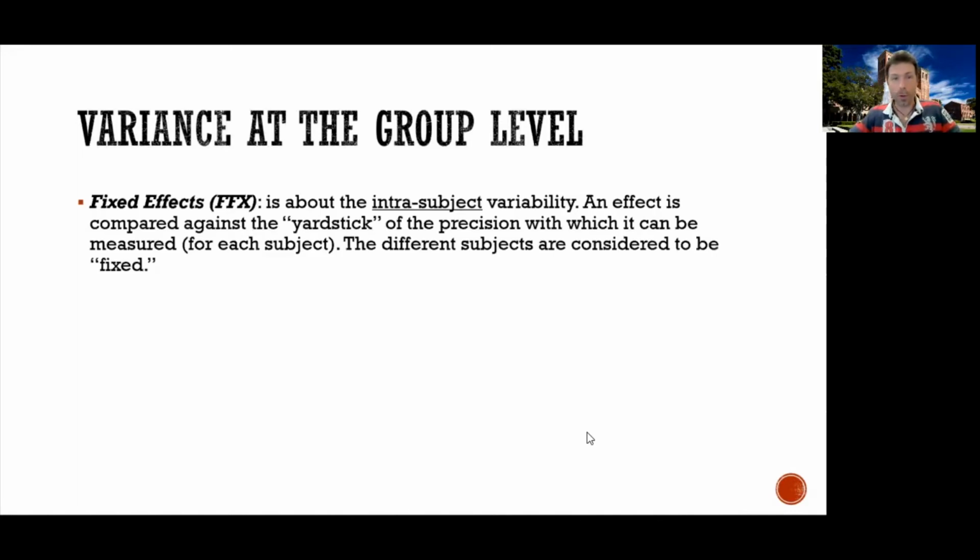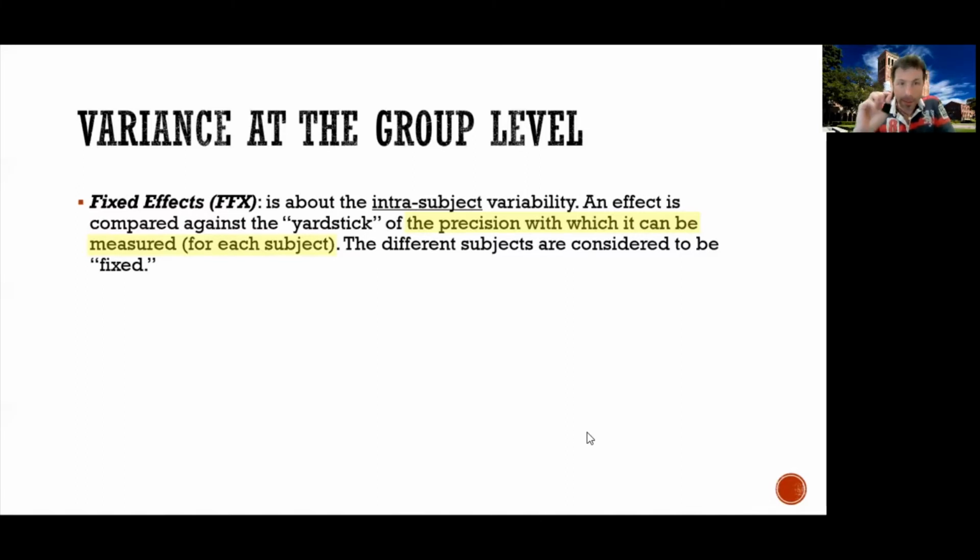Now, you could use what is known as a fixed effects analysis. And this is all about intra-subject variability. The idea is that here you're comparing an effect against the yardstick of how precisely you can measure that effect. Here, and I'll show this in a number of ways, the idea is that subjects are fixed.